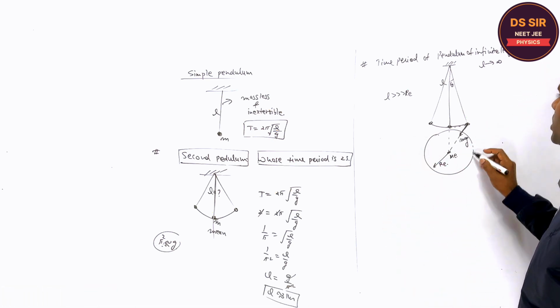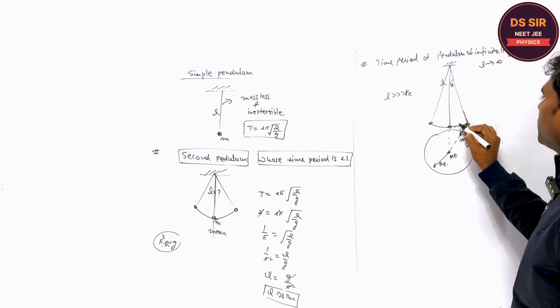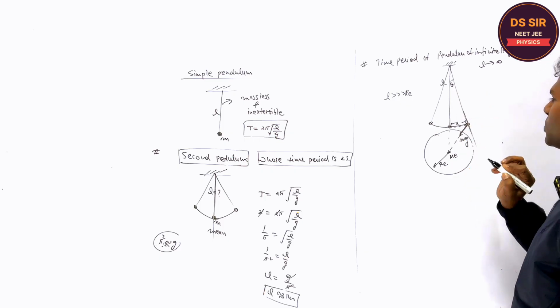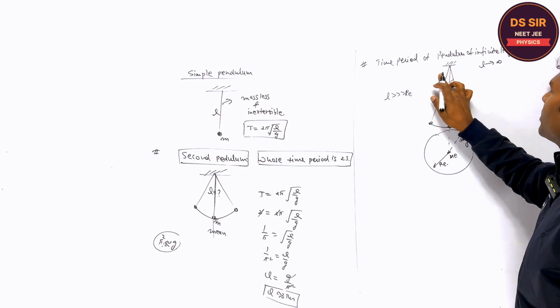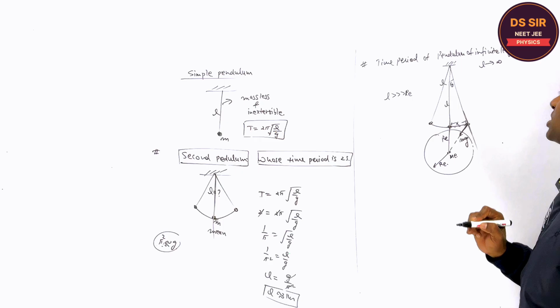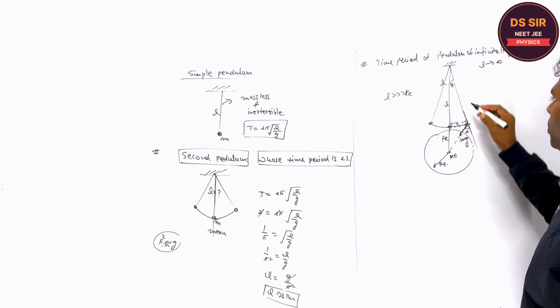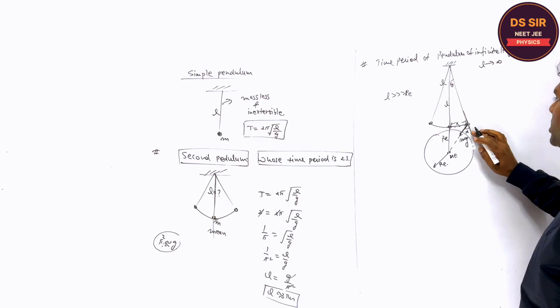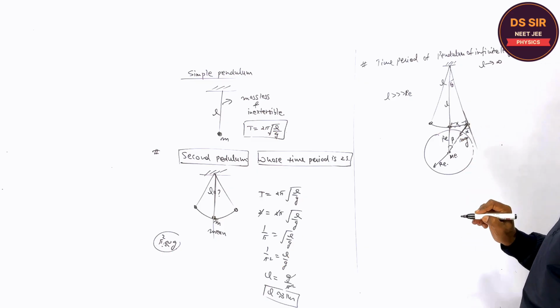If this is the small linear displacement, the length is L, and this distance is R_E. Suppose this angle is alpha and this angle is beta.